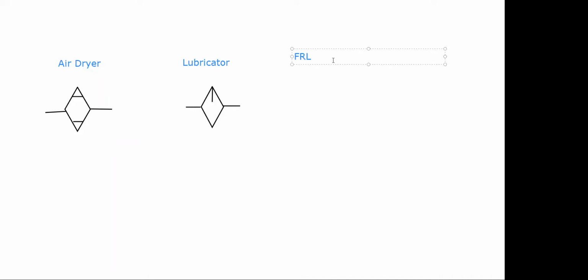It is the combined name of filter, regulator and lubricator. FRL is the complete assembly of these three parts: filter, regulator and lubricator. So what is the symbol of this? The symbol of FRL is like this.